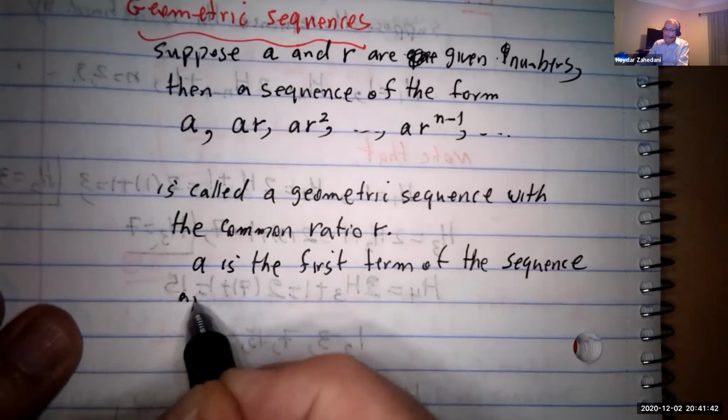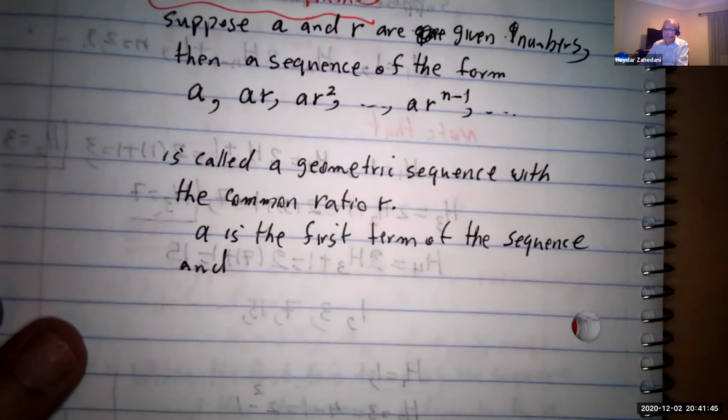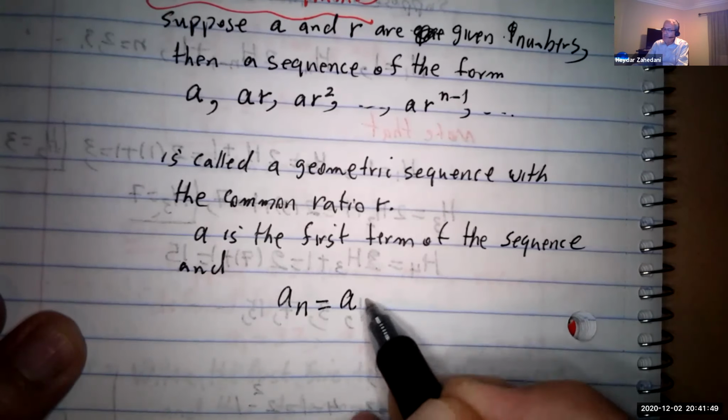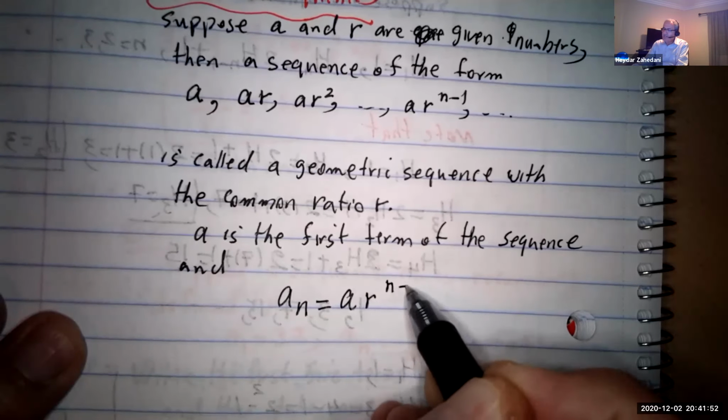And you see, a_n is equal to A times R to the n minus 1.